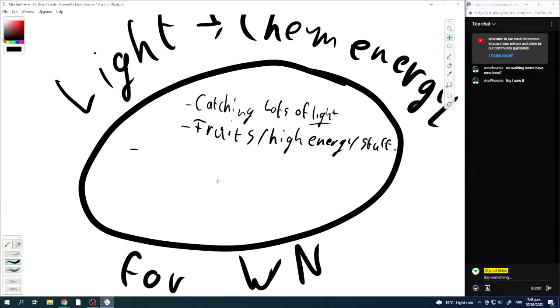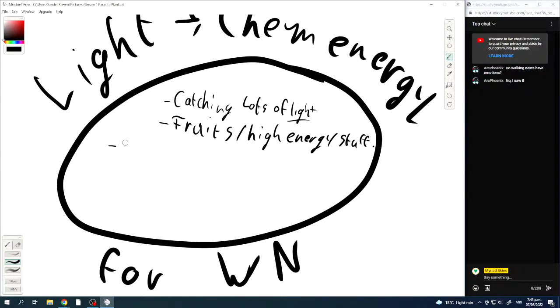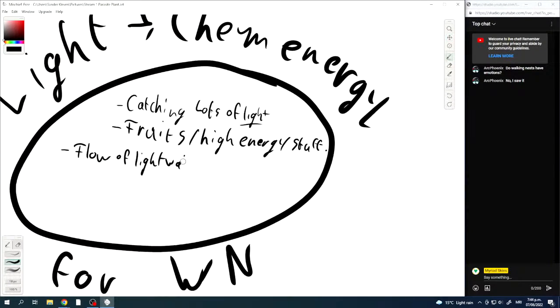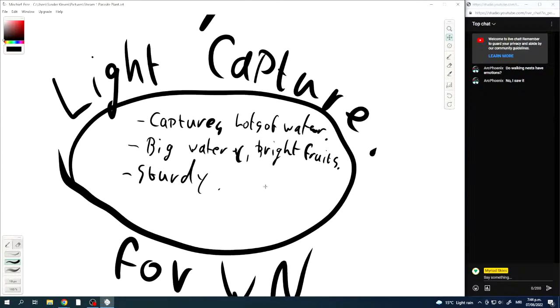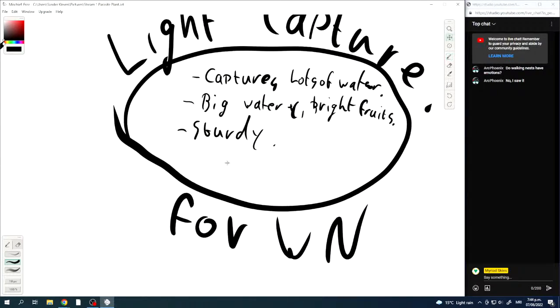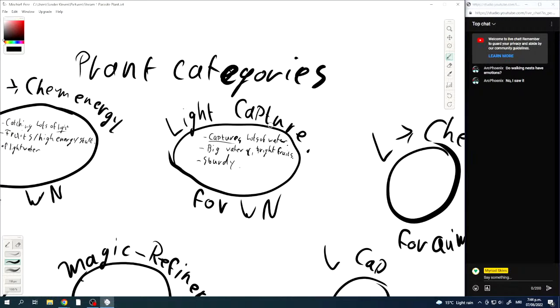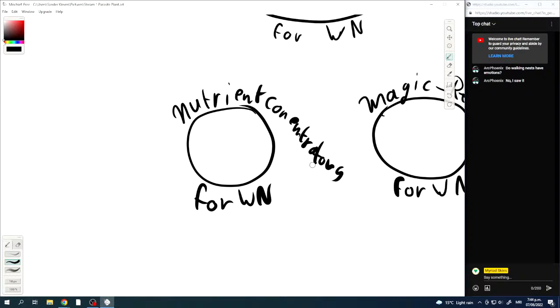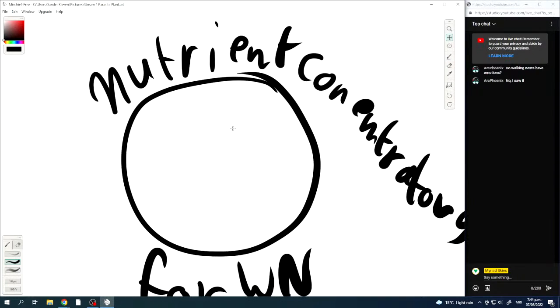Yeah, whereas these ones may have more of a flow of light through them. Like water. Whereas these ones are definitely more keen on capturing the water. Nutrient concentrators. They'll be less concerned with capturing as much light as possible. So less light focused.